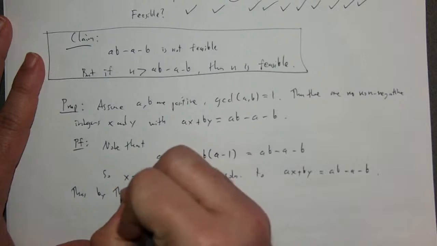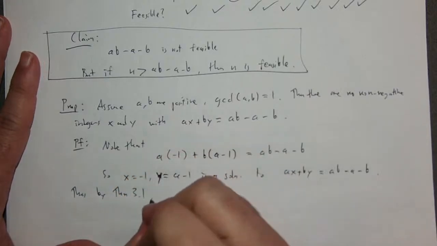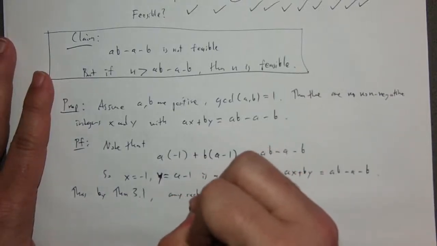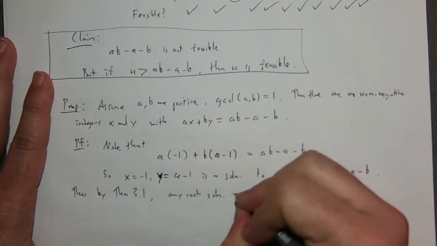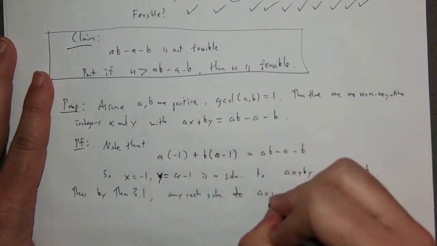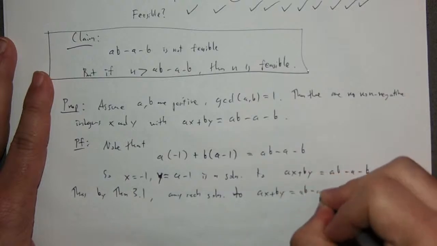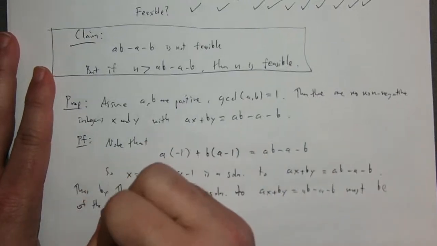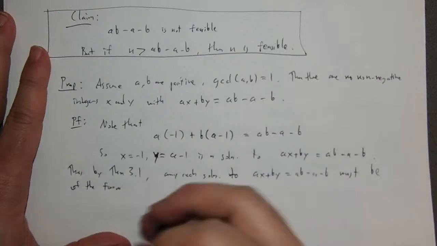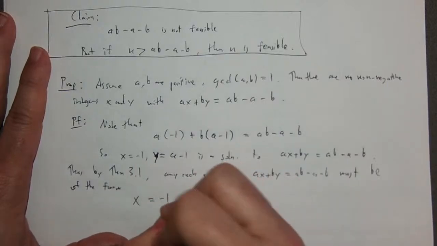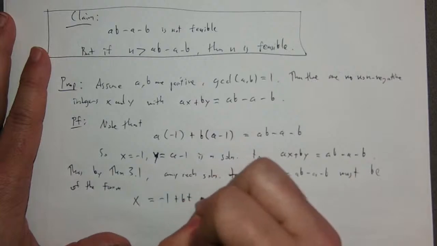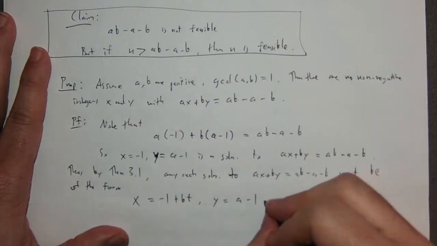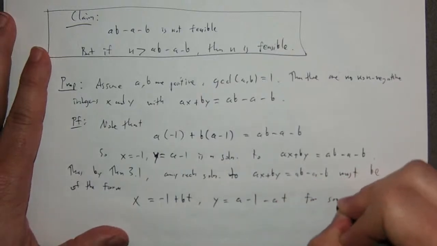by Theorem 3.1 and its corollary here, since the GCD is 1, any such solution to ax plus by equals ab minus a minus b must be of the form x is equal to minus 1 plus bt, and y is equal to a minus 1 minus at for some integer t.